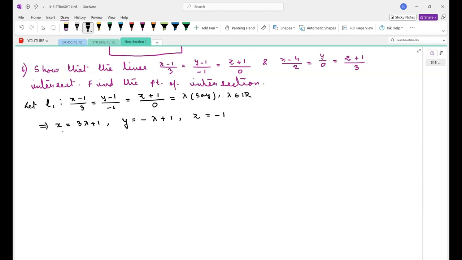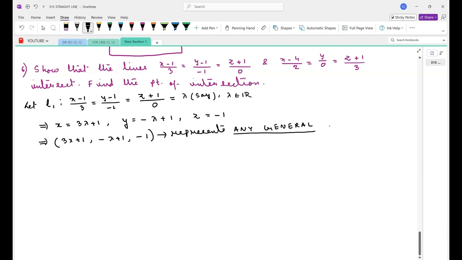So when I express x, y, z like this in terms of lambda, 3 lambda plus 1, minus lambda plus 1 and minus 1, it represents any general point on L1.